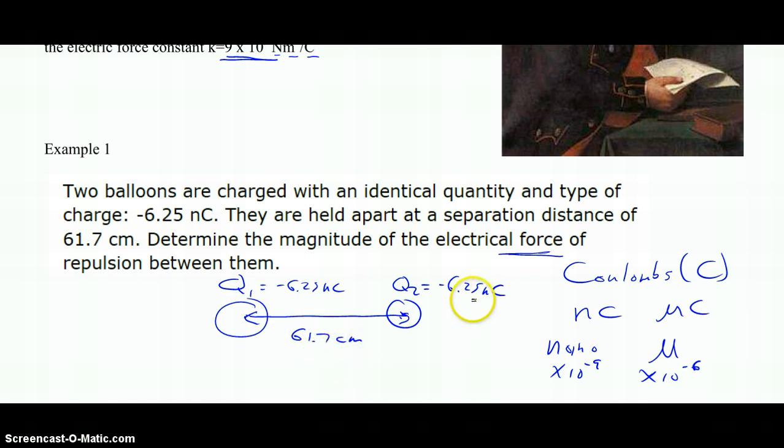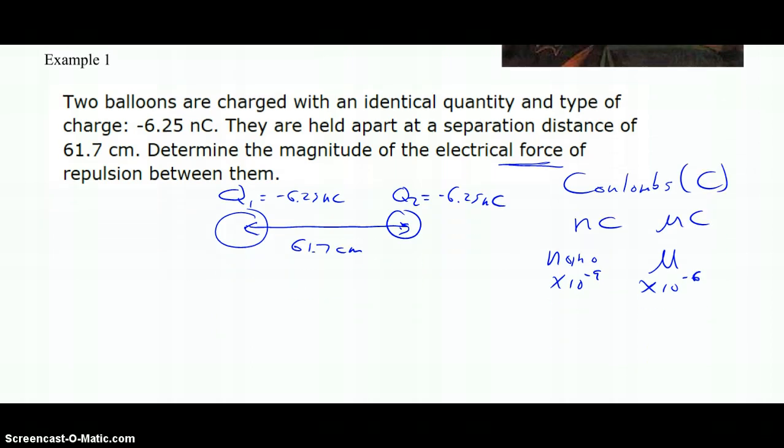And we want to calculate F, the electrical force. So we're going to use Coulomb's law, but there are a couple of things we have to be careful about. Again, nC stands for nanocoulombs, so when I put that into the equation, I need to use times 10 to the minus ninth. And centimeters will not match up with the constant, so I need to put that into meters.